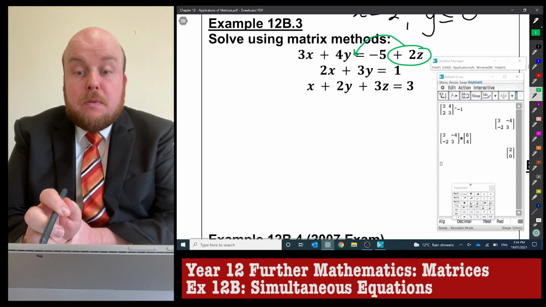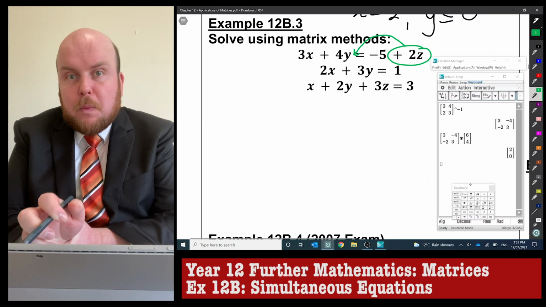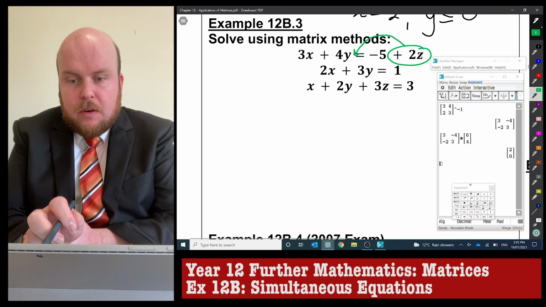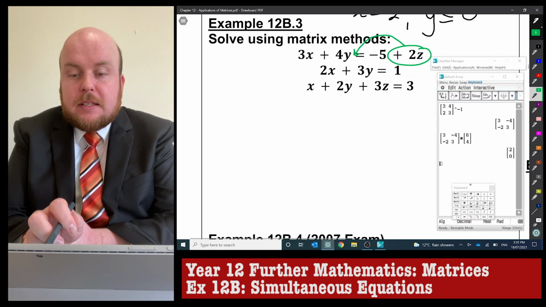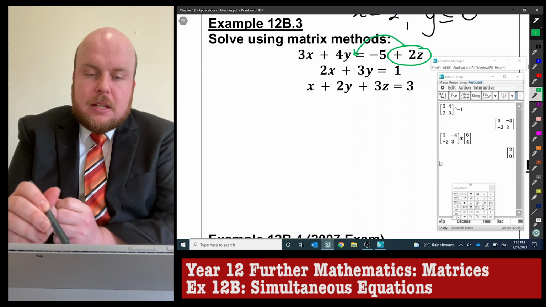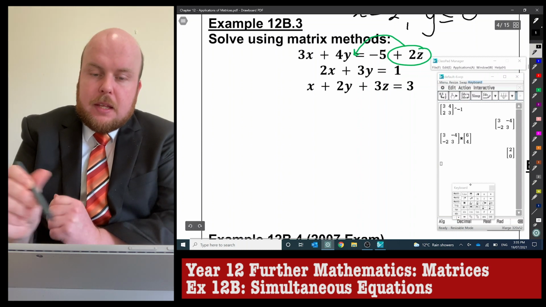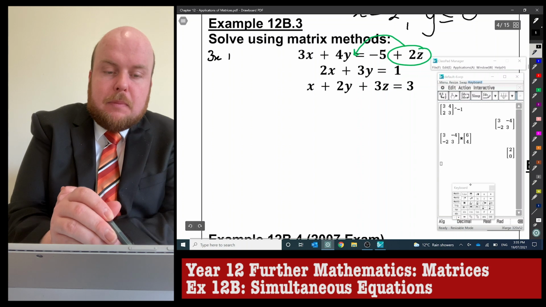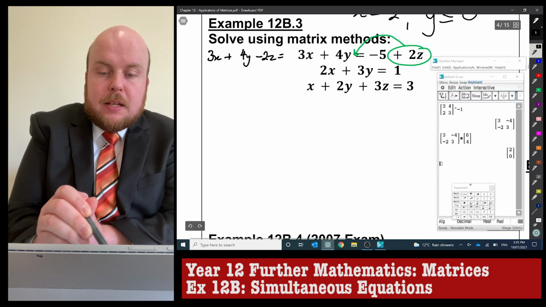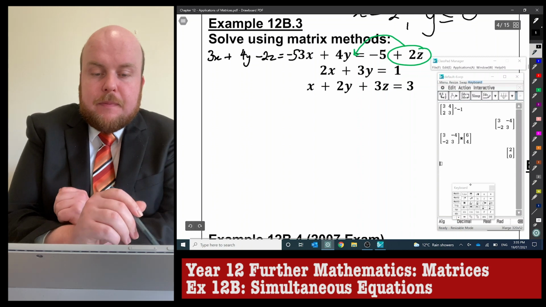So whenever we want to move something from one side of the equation to another, we do the opposite of what the operation there says. And so it says plus 2z here. What we actually need to do is to rewrite that first one as 3x plus 4y minus 2z is equal to -5.